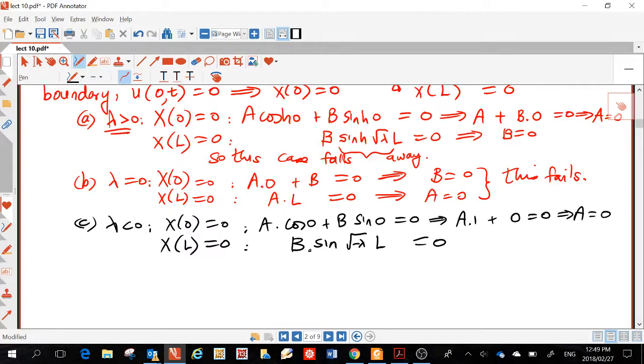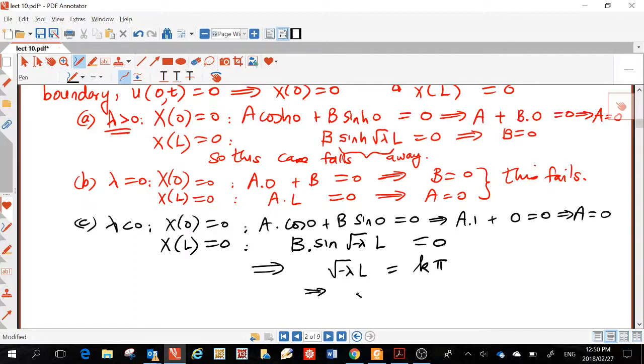The sine of 0, pi, any k pi, any multiple of pi, is 0. So this does not imply b is 0, because b can be a number. So this can imply that root minus lambda L is some multiple of pi, k pi, because sine of k pi is 0. That is a distinct possibility.